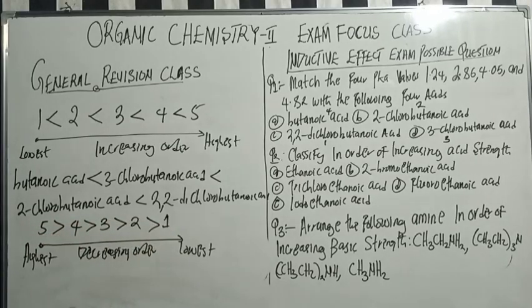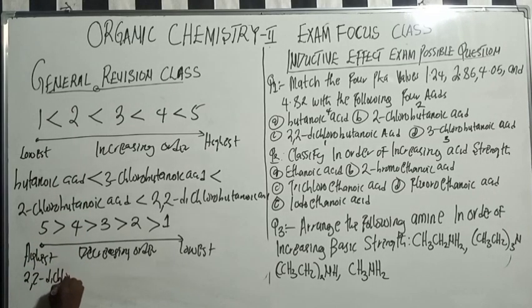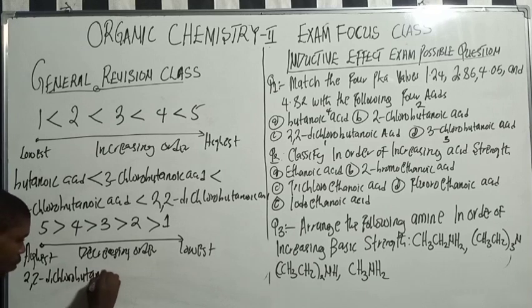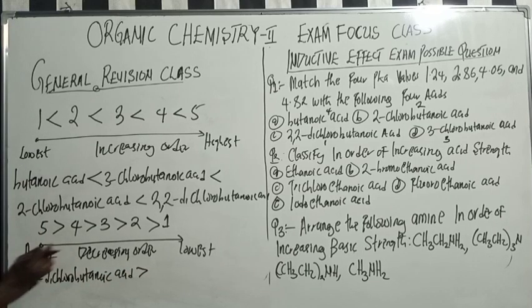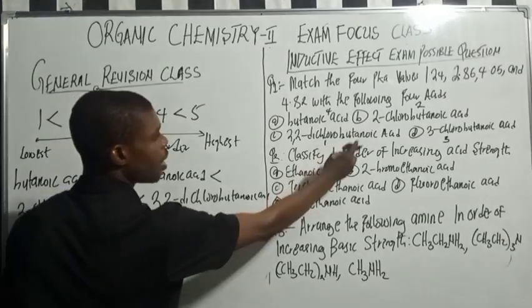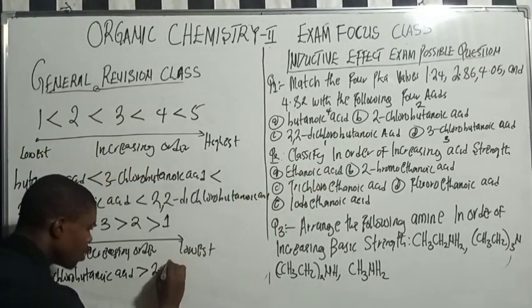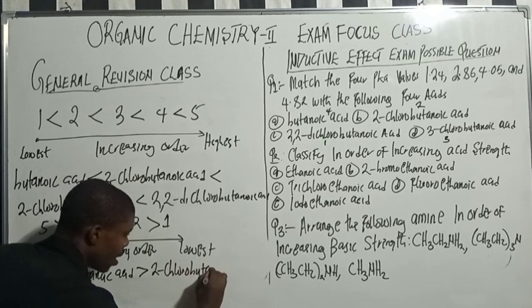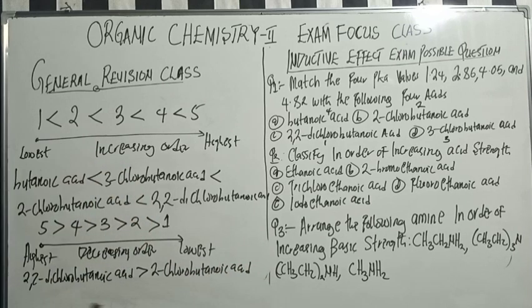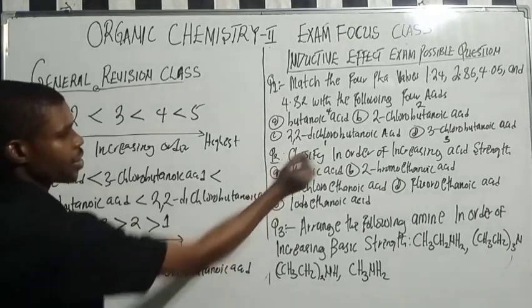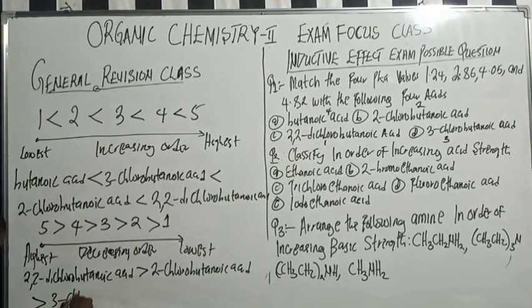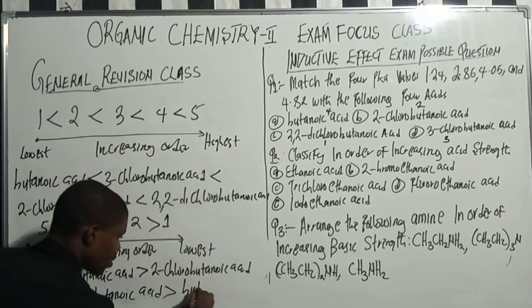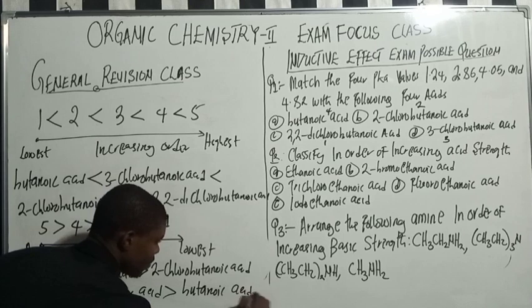So in decreasing order, it will be 2,2-dichlorobutanoic acid is greater than 2-chlorobutanoic acid, greater than 3-chlorobutanoic acid, greater than butanoic acid. Very, very important here.